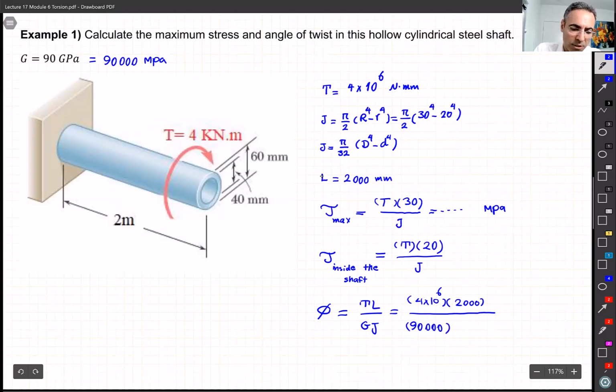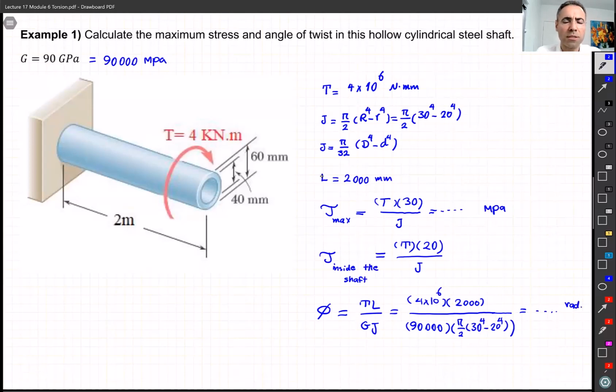And J, we just found J over there, pi over 2 times 30 to the power of 4 minus 20 to the power of 4. All right? And the number we get here is going to be in radian, which you know how to convert radian to degree, if a question asks for degree.